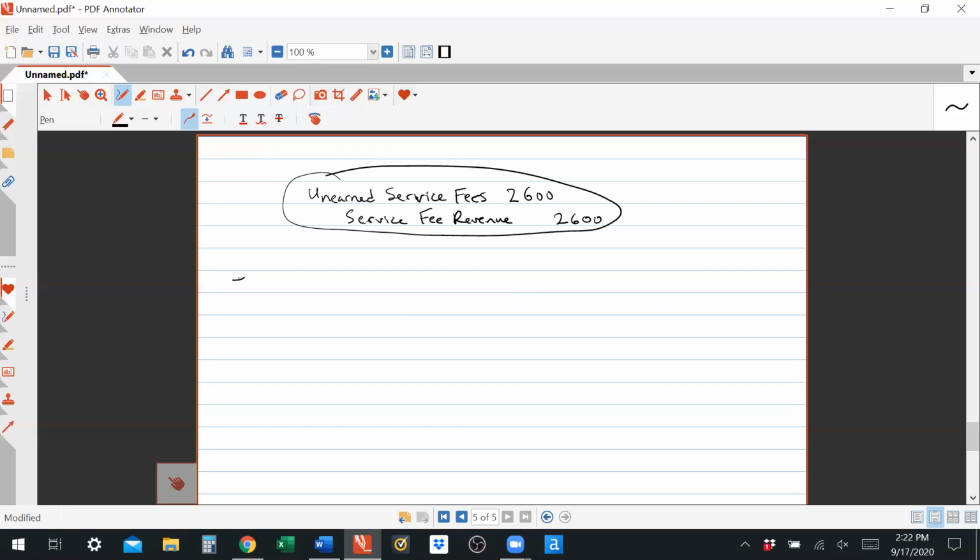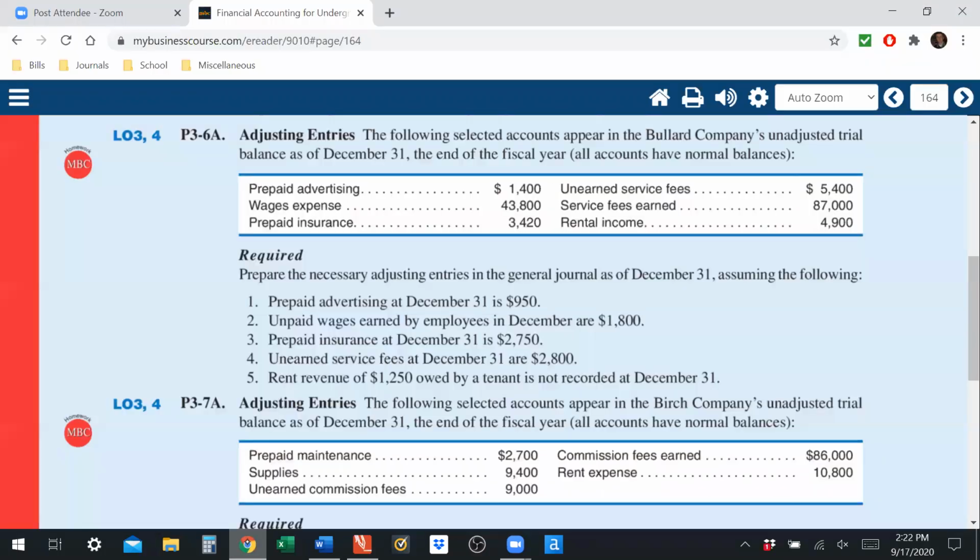And then finally, number 5. Rent revenue of $1,250, which is owed by a tenant, is not recorded at December 31st.